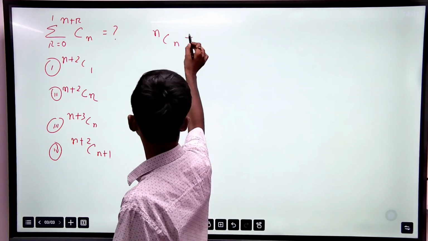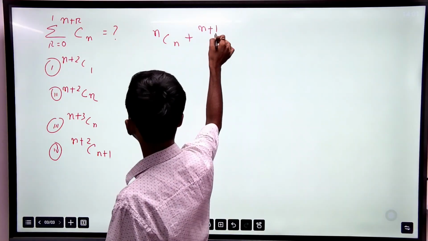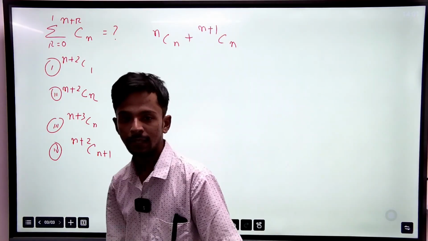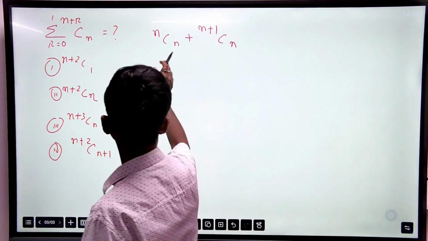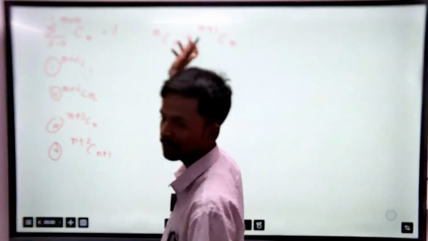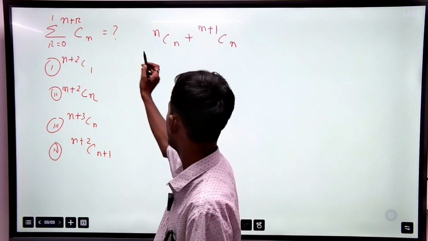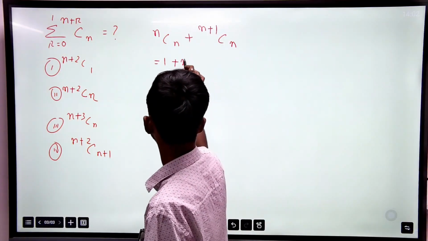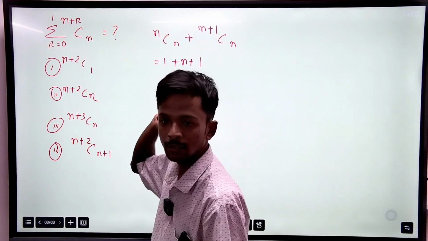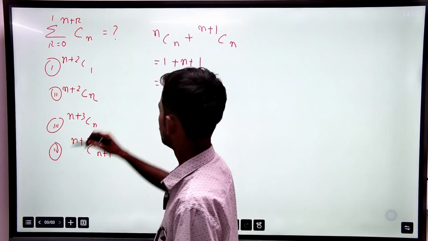Okay, then plus, if you take the value as 1, you are basically getting n+1 C_n. Yes or no? Okay, now what will be the sum? This summation means you have to take the sum of the first term plus second term, for 0 and 1. nC_n is 1, n+1 C_n is n+1. So you are basically getting n+2.